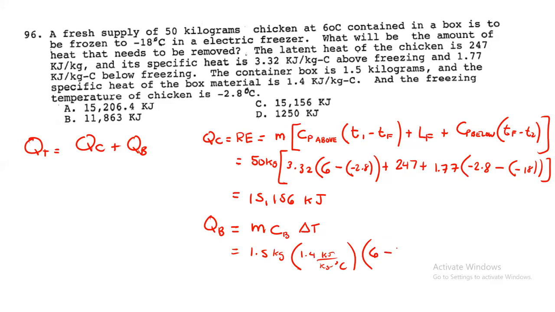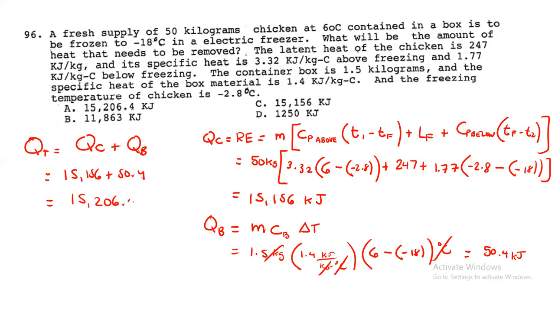So, minus negative 18. So, cancel, kilogram. Ito is 50.4 kilojoules. So, substitute natin dito. Q ng chicken is 15,156 plus 50.4 is equal to 15,206.4 kilojoules. So, the answer is letter A.